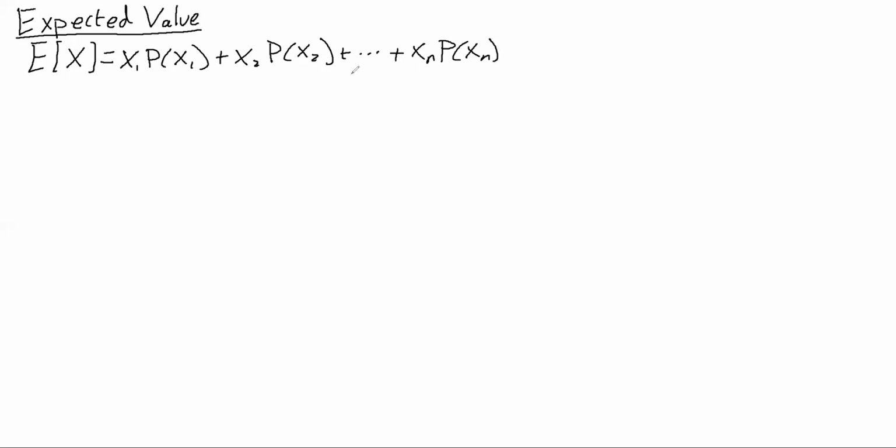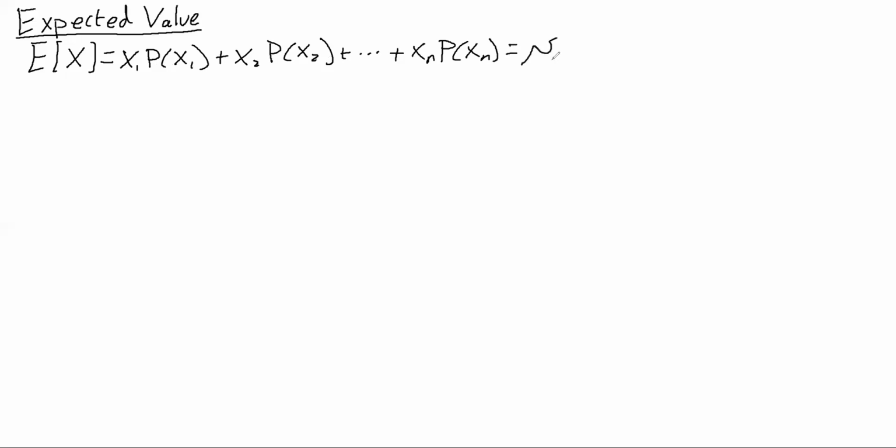So the expected value of our random variable is the probability weighted average. X1 through Xn are our possible outcomes, weighted by the probability of each of those respective X values. And this, again, could also be described as the mean.